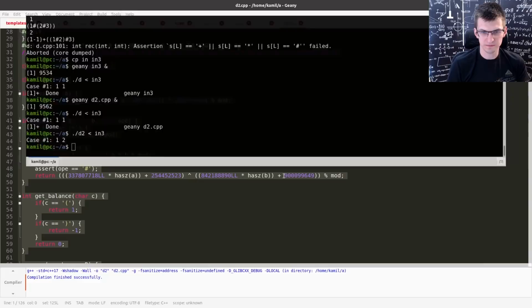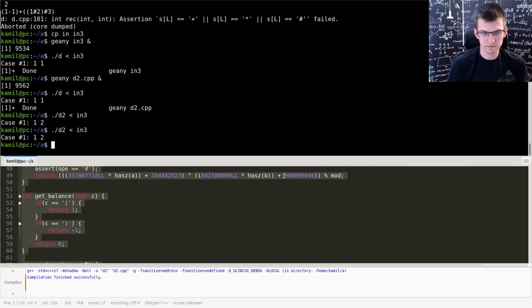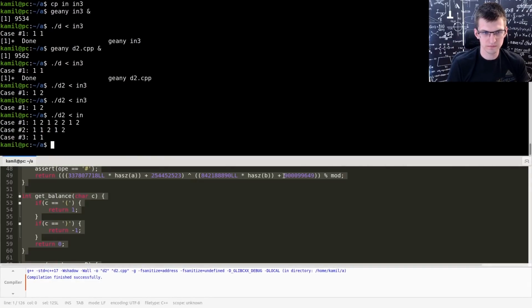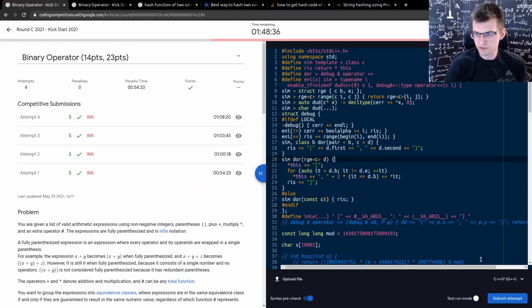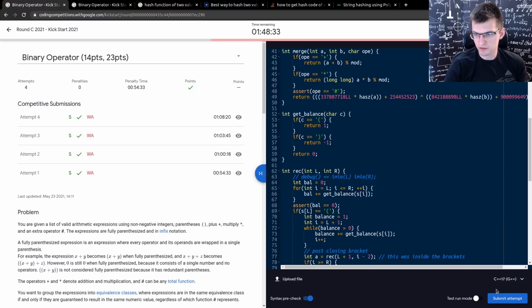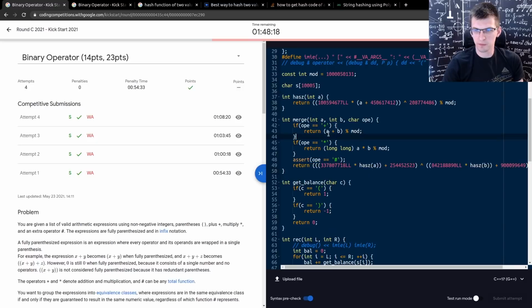Okay, this is better. So I was just being stupid. Now I pass this test 1, 2, 3, 4 versus 1, 4 versus 2, 3. Basically my function so far boiled down to hash of A plus hash of B, modulo mod.